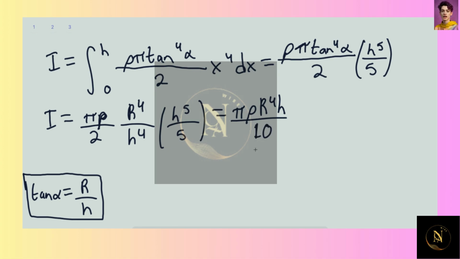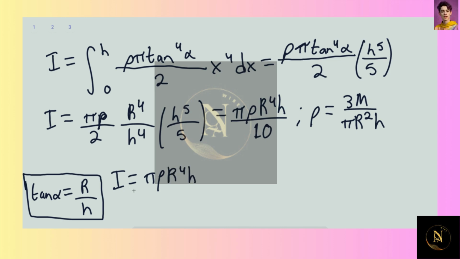At this point, we know that rho is going to be equal to 3m over pi r squared h. So I is going to be equal to pi rho r to the 4th h over 10. Let's erase this rho because we're going to substitute for it, and rho here is 3m over pi r squared h.